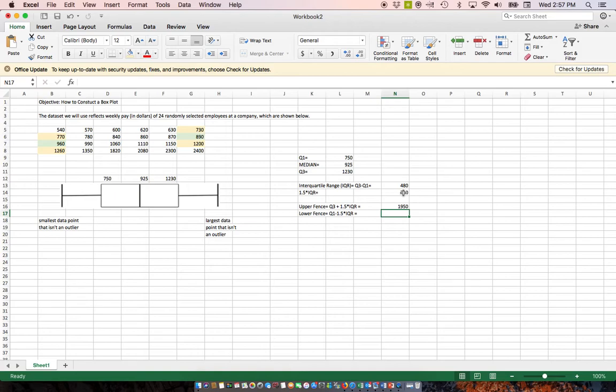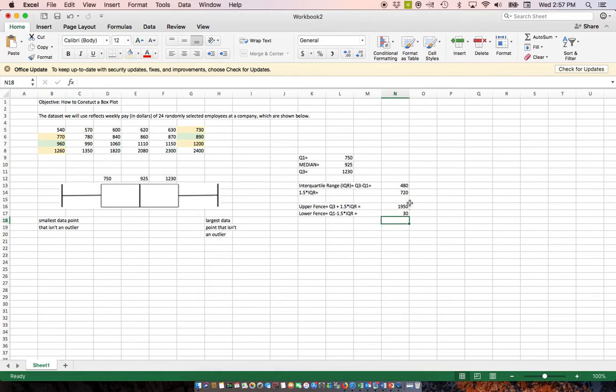That equals 1950. Let's do the same thing for the lower fence. That equals Q1 minus 1.5 times the interquartile range, and that equals Q1 minus 720, and that gives us a number of 30.